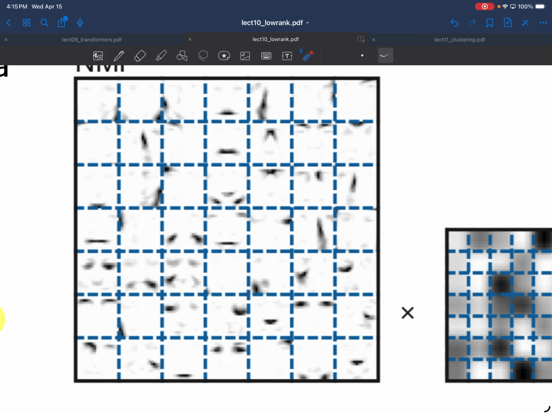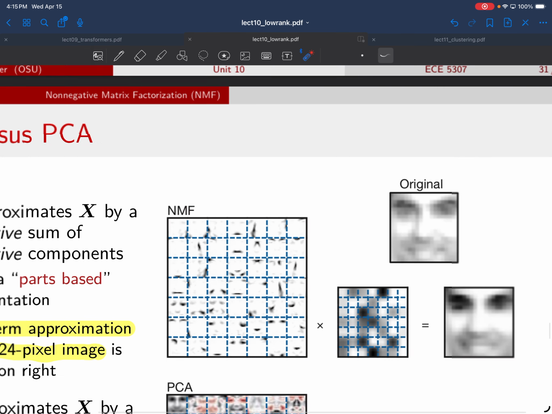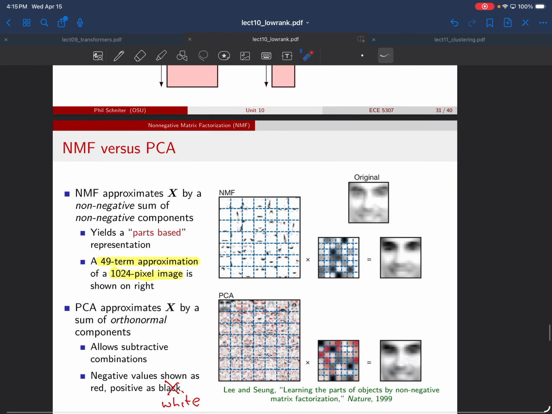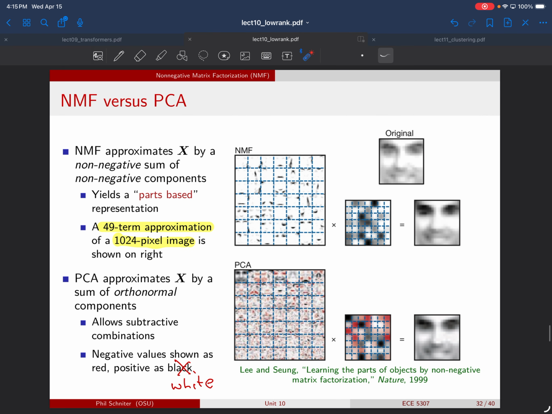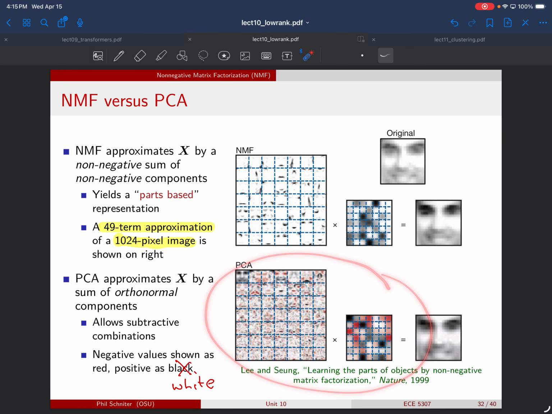I think you can probably find a nose and so on. So it's a different way to take apart a signal into building blocks and build it back up. But because all the building blocks have non-negative entries, in some applications that's much preferable to ones where the building blocks and the coefficients can be negative.